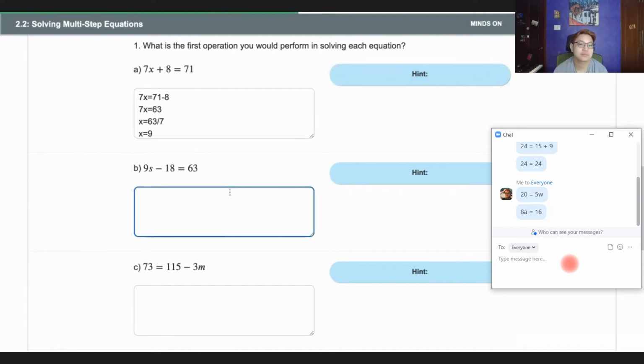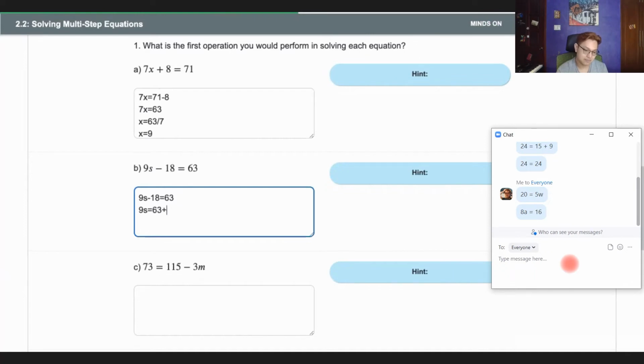And then the B is 18 for 3. So 9s is equal to 63 minus 18.